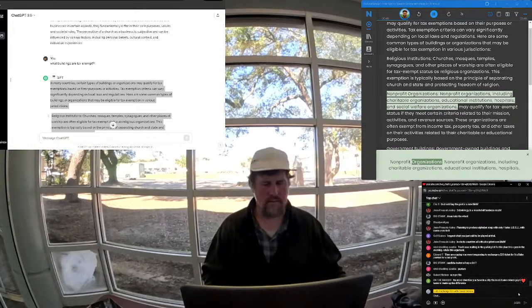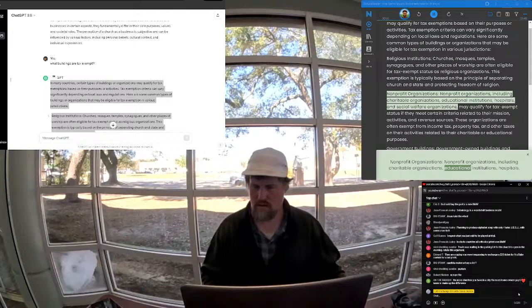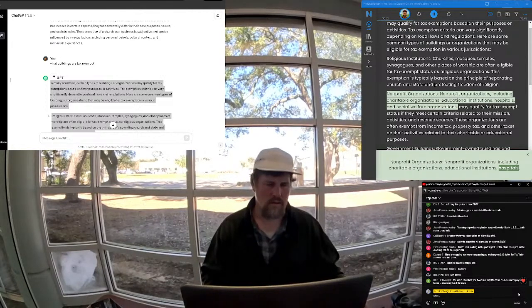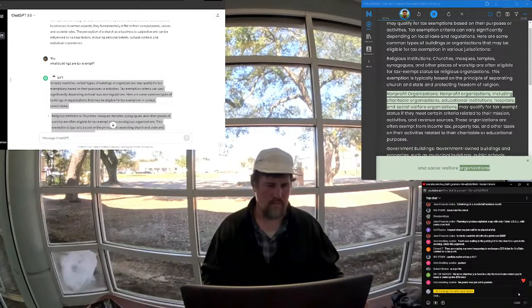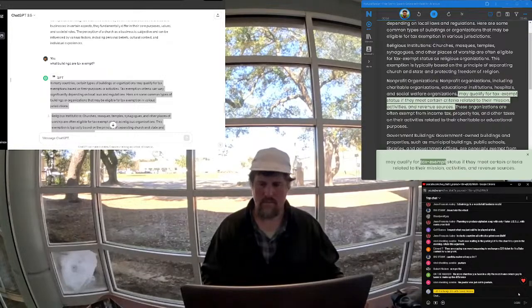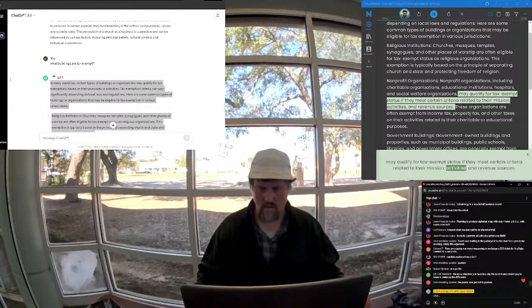Nonprofit organizations, including charitable organizations, educational institutions, hospitals, and social welfare organizations, may qualify for tax-exempt status if they meet certain criteria related to their mission, activities, and revenue sources.